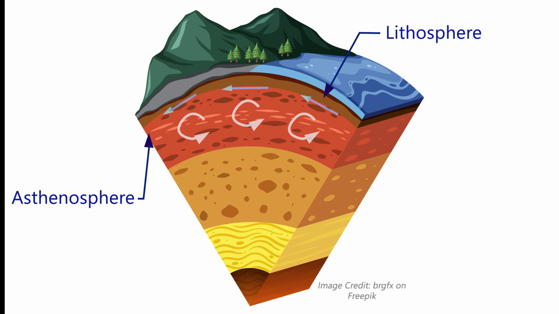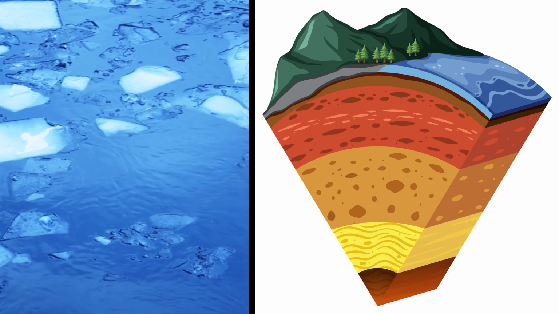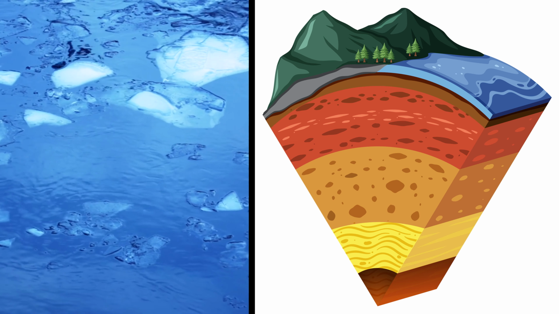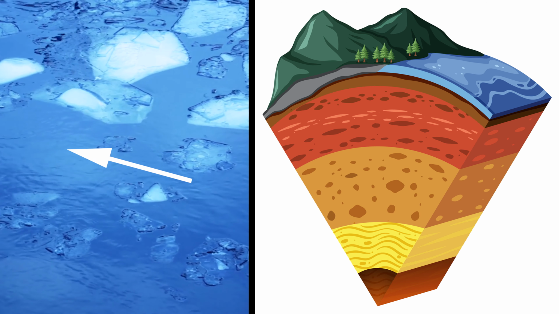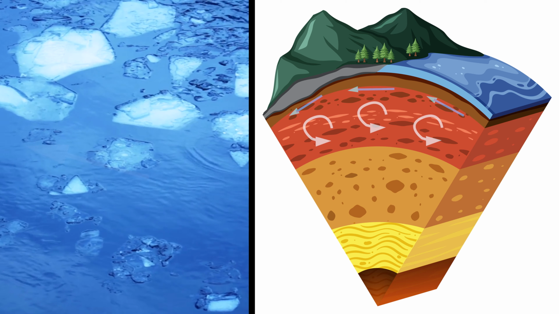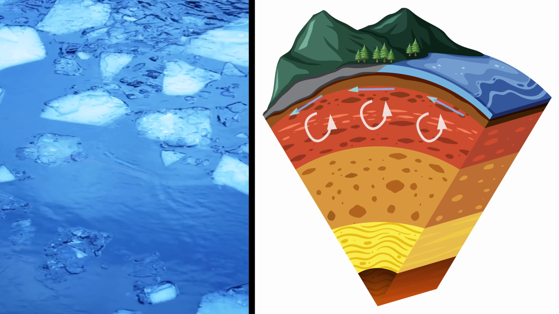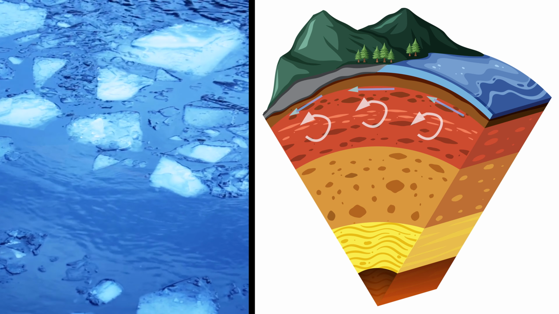The convection currents within the asthenosphere and deeper layers are what move the tectonic plates of the lithosphere. So, to summarize, just as the sheets of ice are guided along by the currents of water, so too are the giant tectonic plates guided by the convection currents of the asthenosphere.